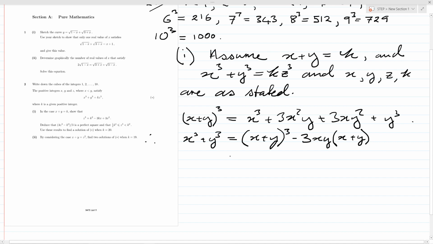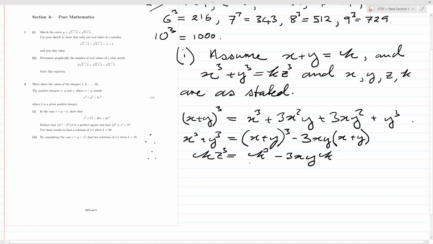So now we're going to substitute in here k for x plus y. So we end up with k cubed, and then we're going to subtract 3xy, and then x plus y, but that is nothing but k. And going from here, we have that x plus y cubed is exactly kz cubed, so we can write therefore kz cubed is equal to this.